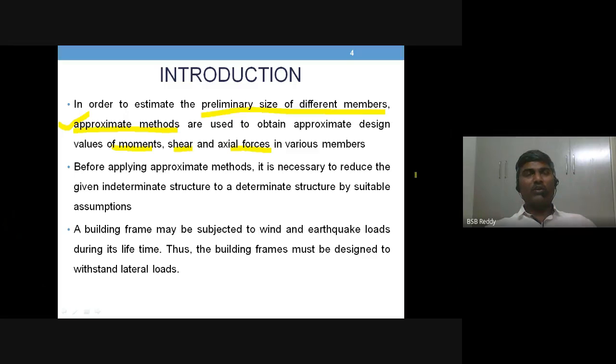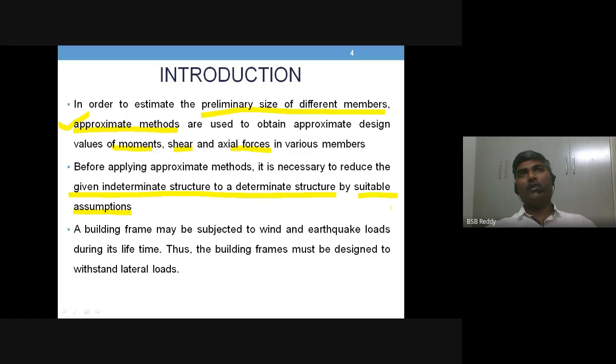Practically, all structures are indeterminate. If you want to make your analysis simple, you should make that structure determinate. So before applying approximate methods, you need to reduce the given structure into a determinate structure by some conditions or assumptions, whatever you call them.